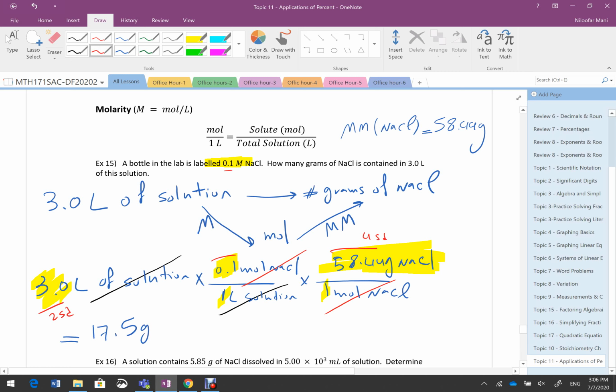Let me see this one here, 0.1. I'm not sure about that. So for molarity, do we have to consider it as exact, maybe because it's labeled? But I'm not sure.